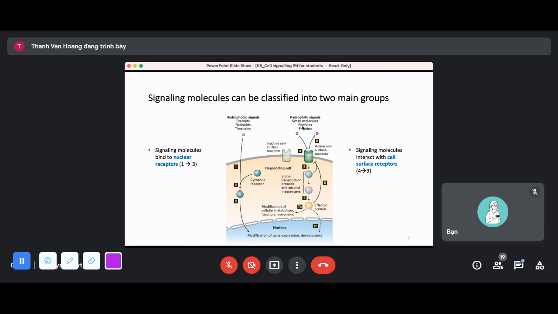On the other hand, hydrophilic signals can't cross the membrane. They need a receptor on the surface of the membrane to receive the signal, right? And this receptor can't move into the cells, so they need other signaling molecules to transport the signal from the receptor into the cells, right?